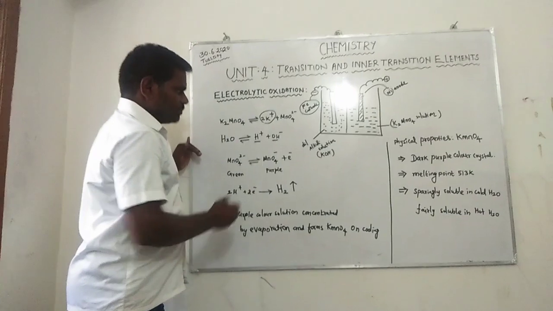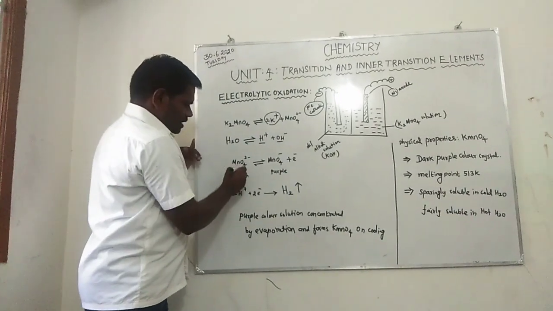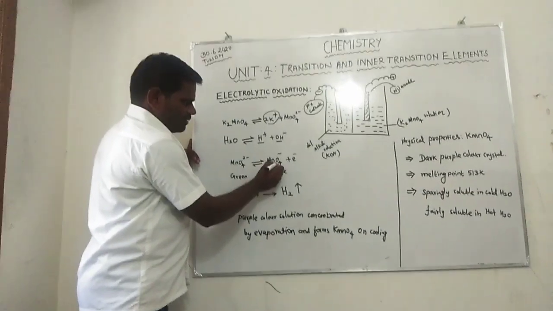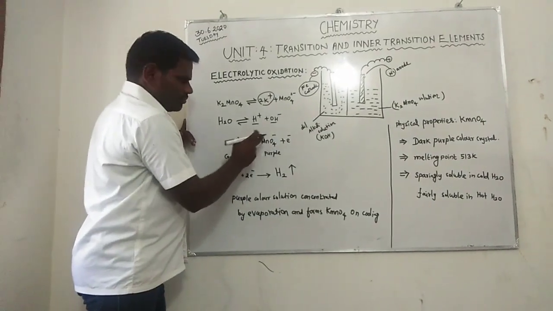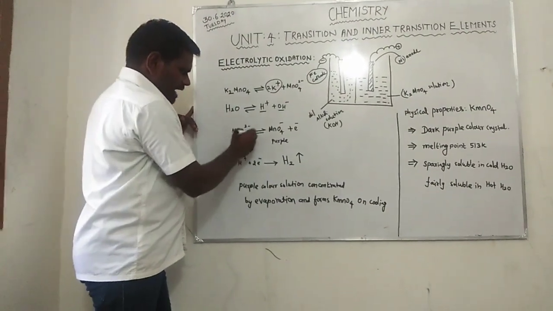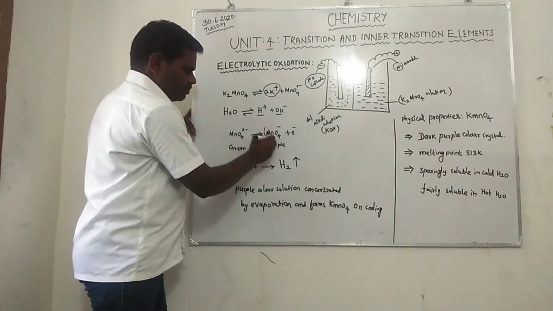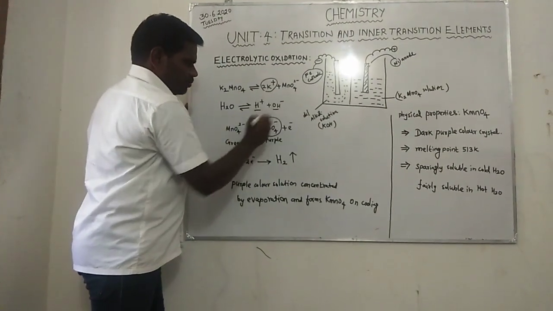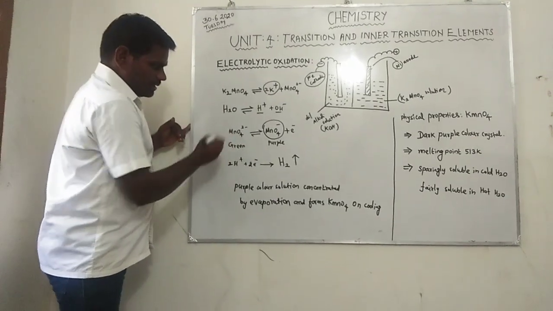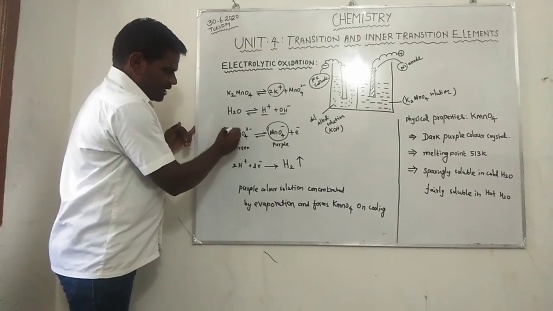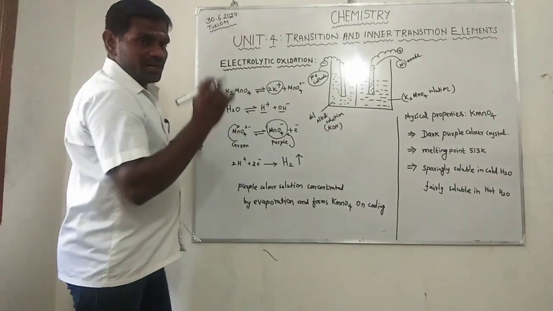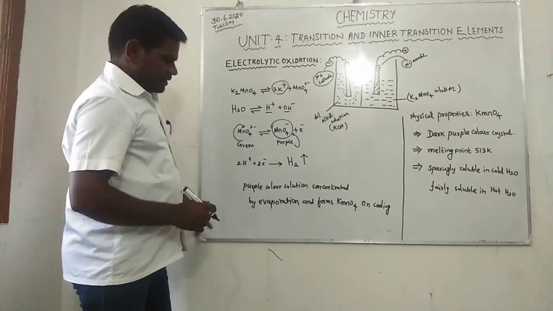The MnO4 2 minus ion is converted into MnO4 minus, which means the manganate ion is converted into the permanganate ion. We can easily understand this in the reaction: the green manganate ion becomes the purple permanganate ion in the electrolysis reaction.